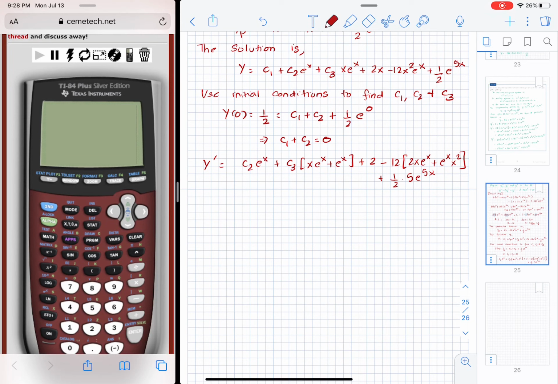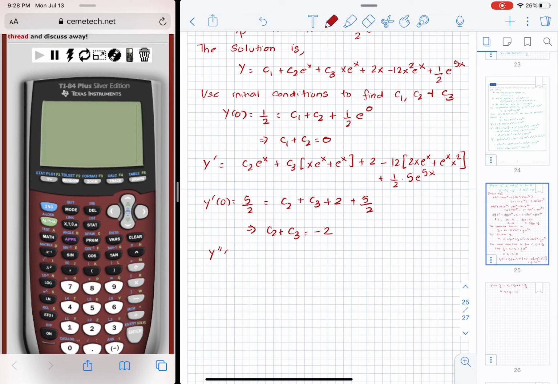Now y prime of 0 is 5 over 2, so we have C2 plus C3 plus 2, the next term would go away, plus 5 over 2. This would imply C2 plus C3 is negative 2.